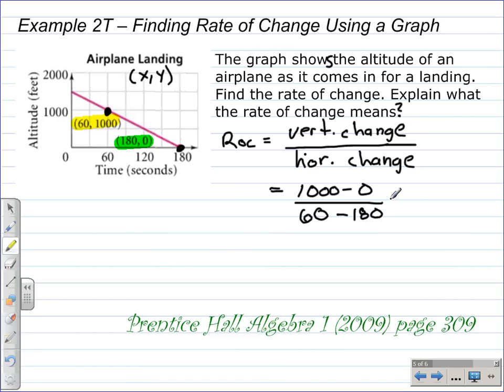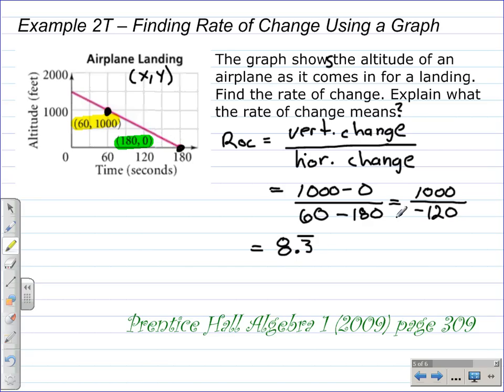One thousand take away 0 is 1000, and 60 take away 180 is negative 120. When we divide this out, that gives us 8.3, or 8 and a third, because that 3 does repeat. So that's the rate of change, 8.3.